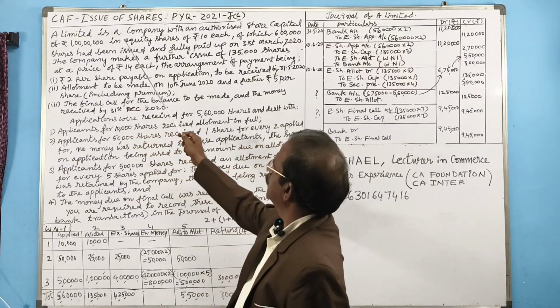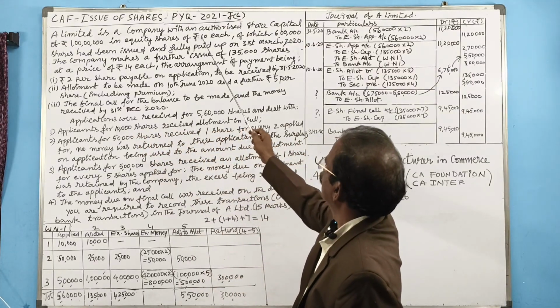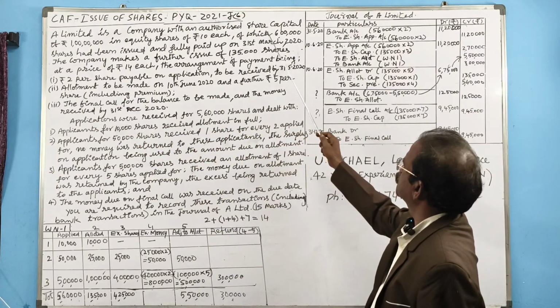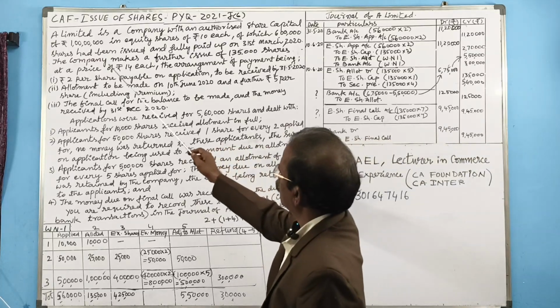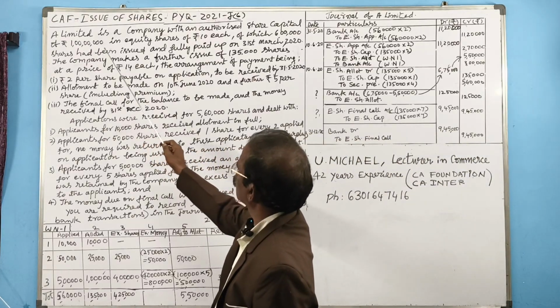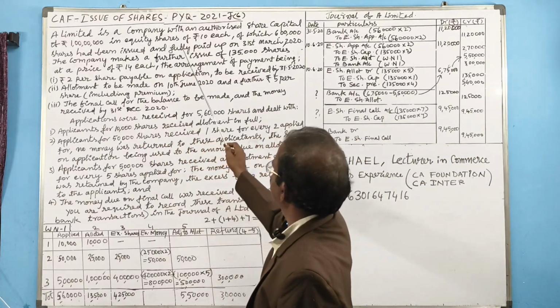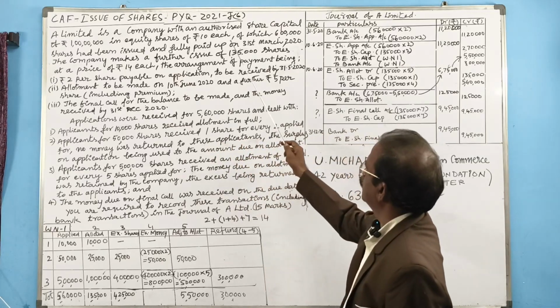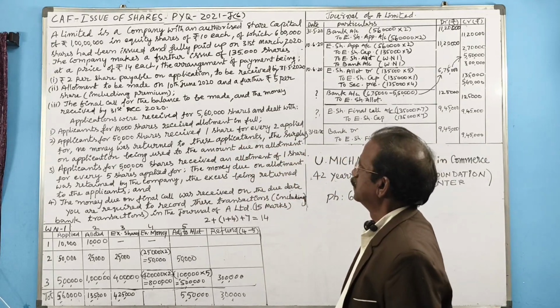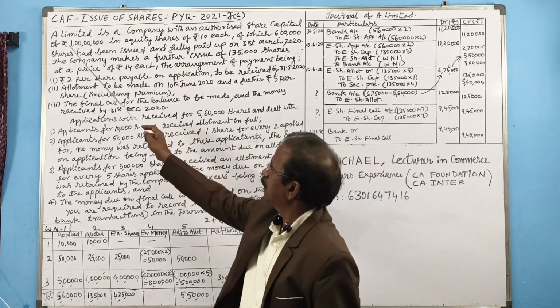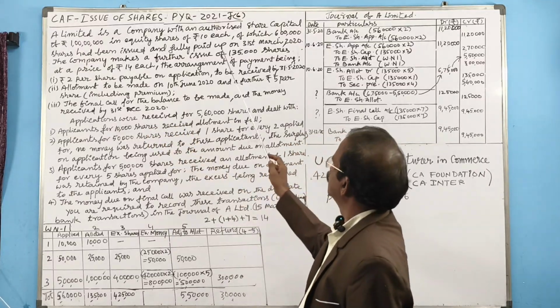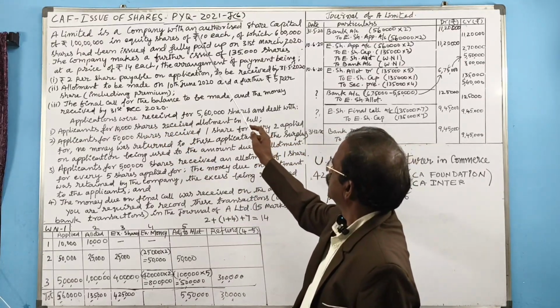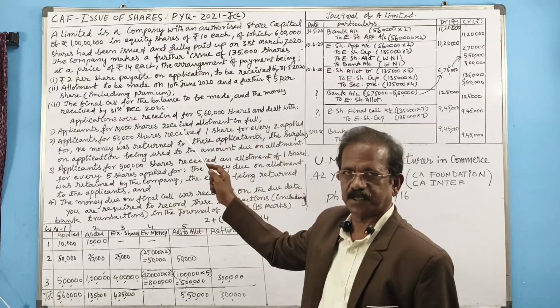A Limited is a company with an authorized share capital of rupees 1 crore in equity shares of rupees 10 each. This is the amount of the share capital, and this is the face value of each share.